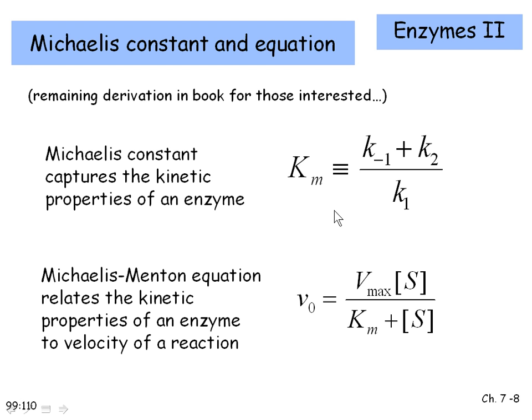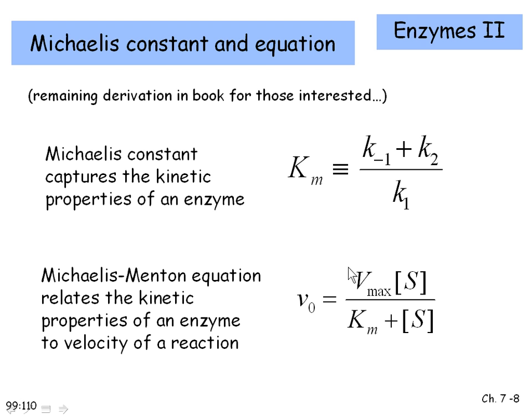And it's possible to relate that Michaelis constant to velocities if we know the other properties about this enzyme. So the velocity of a particular circumstance is going to be proportional to two things.